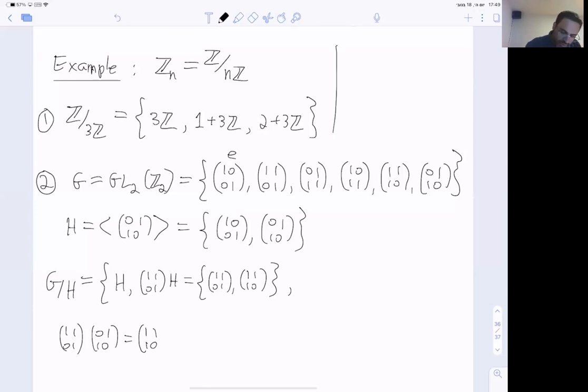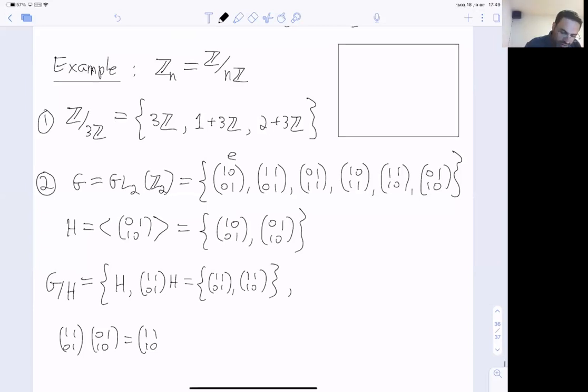Remember that the number of cosets, this is Lagrange, the number of cosets is this one. It doesn't matter if from the left or from the right. This is what we call the index.